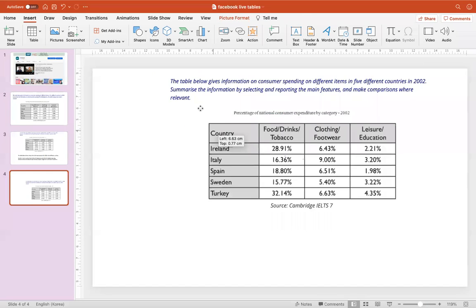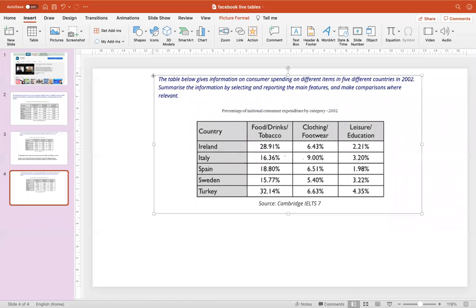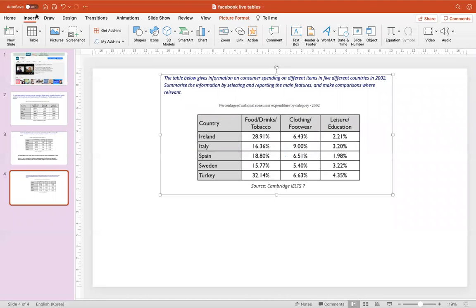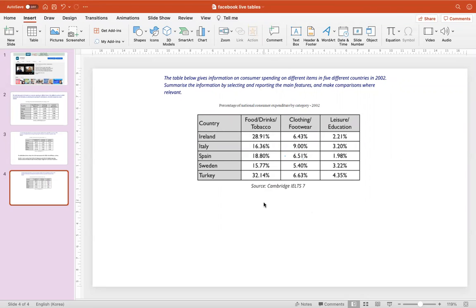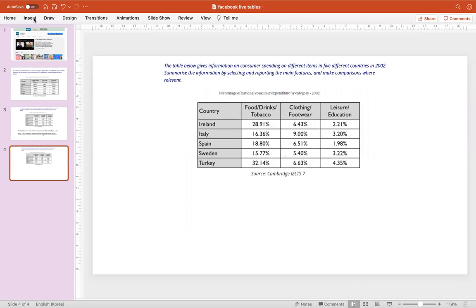This is where we can start to talk about specifics. We can start to get specific about numbers. So here we have to start talking about specific percentages and specific countries, and we start to compare the countries together. We say which are bigger, which is smaller, which one has more, which one has less.